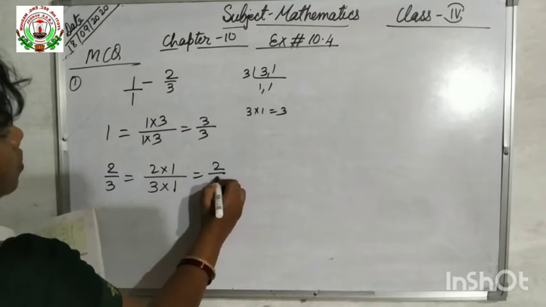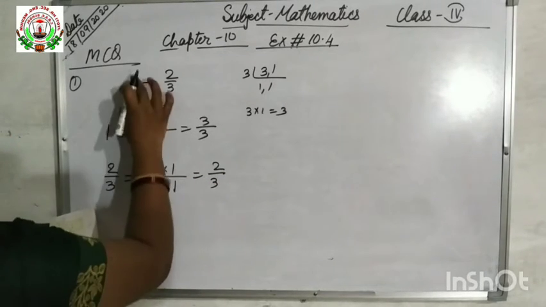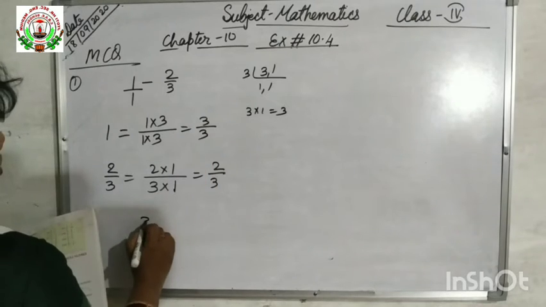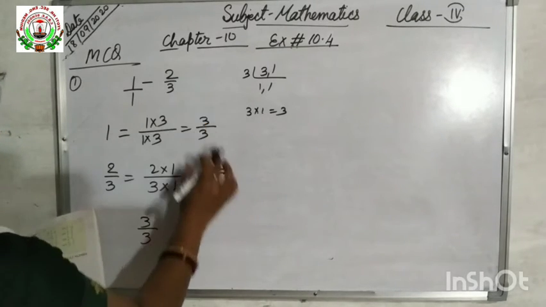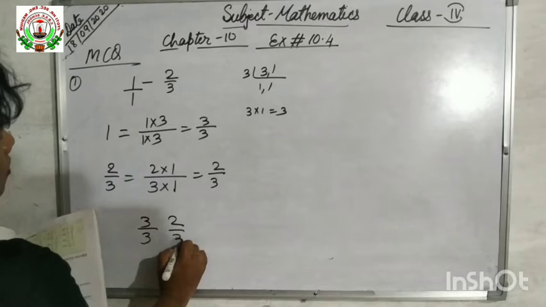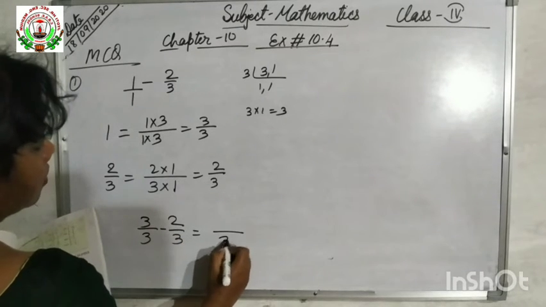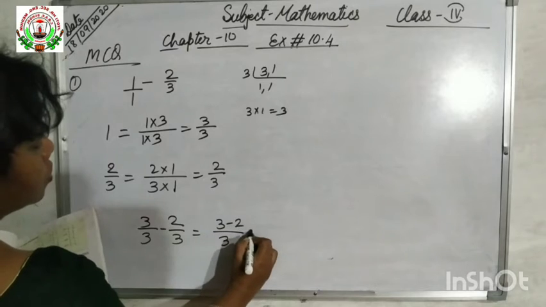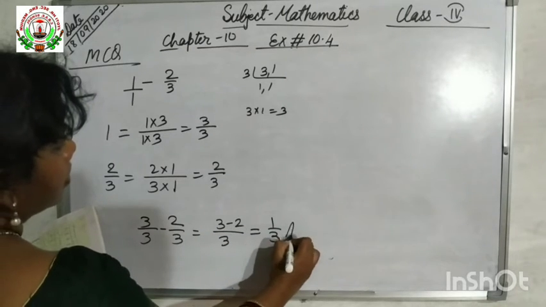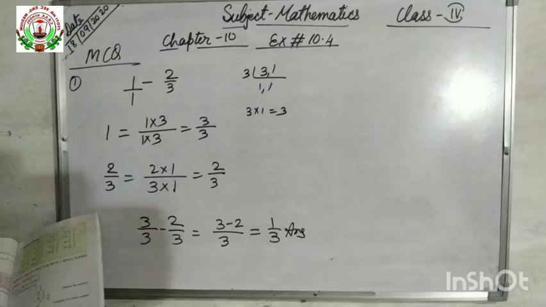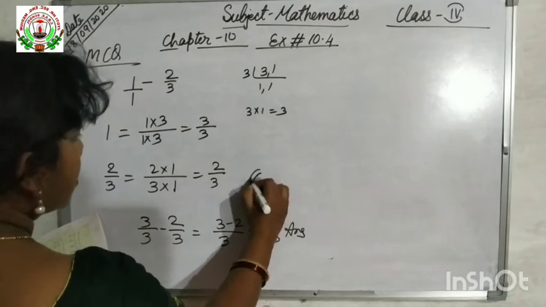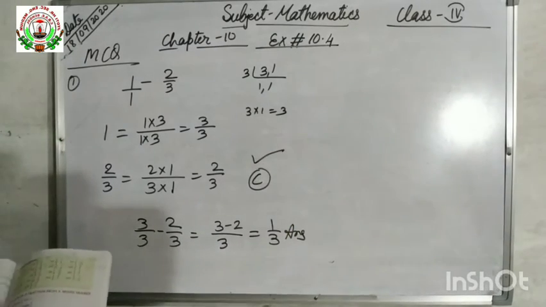So 2 ones are 2, 3 ones are 3. Now the first fraction is 3 by 3 and the second is 2 by 3. Now we get the same denominator, so we subtract 3 minus 2, that is 1 by 3. This is the answer, which is option C. So you will put a tick mark on C.